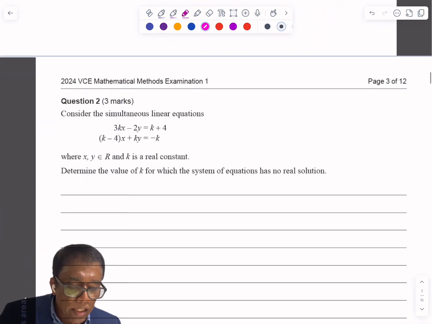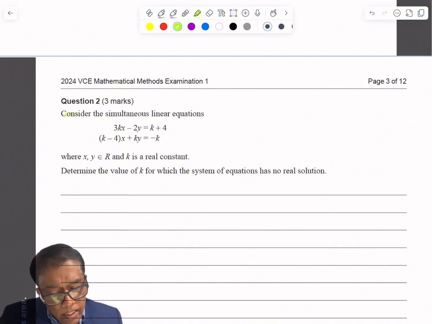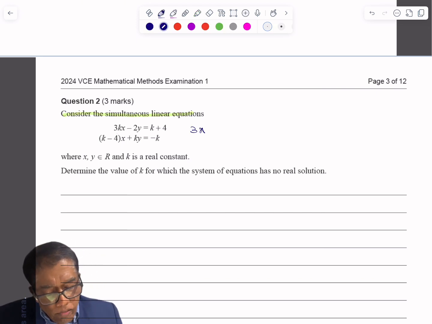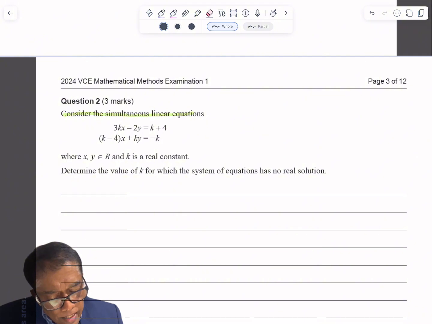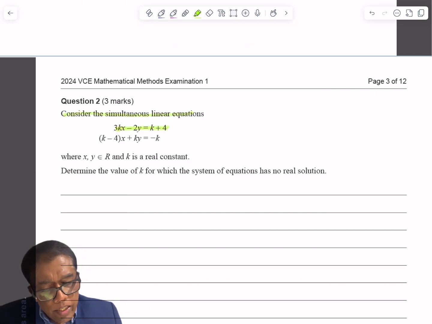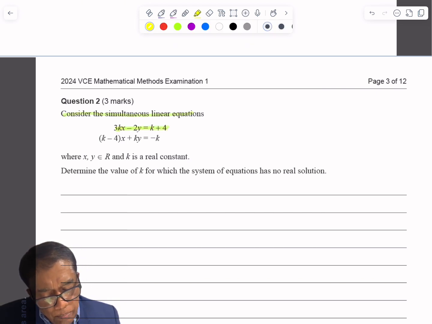Okay. Now we will consider the next question. Actually, it is given: consider the simultaneous linear equations. There are two equations. The first one is 3kx minus 2y is equal to k plus 4.